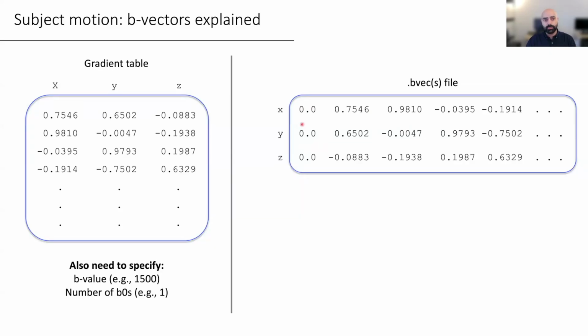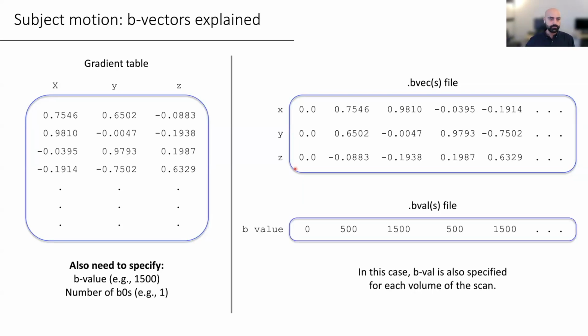And every one of them is basically telling the software that we're going to use for modeling and for data preprocessing which gradient was used to acquire volume 1 and 2 and 3 and so on.